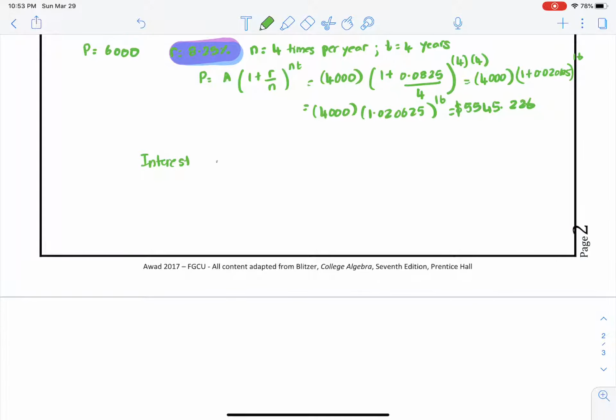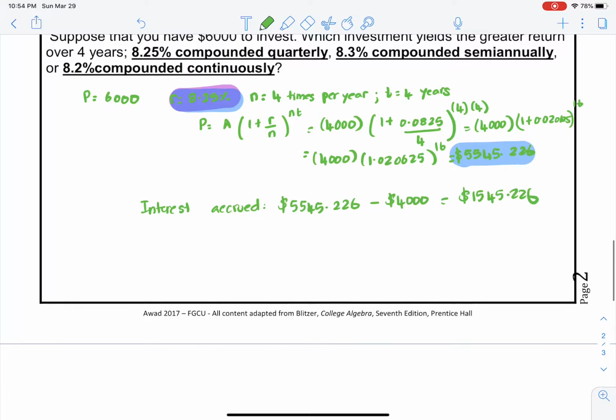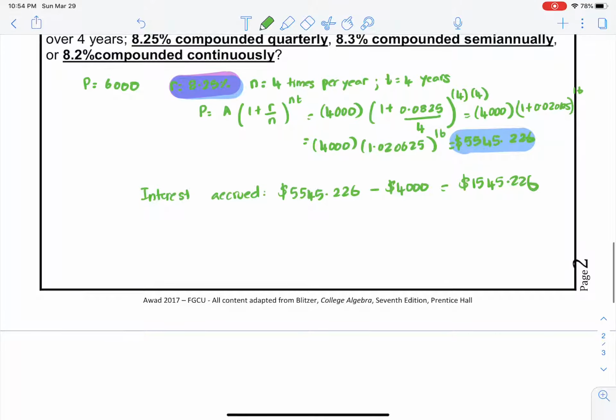So the first case, the interest accrued would be that amount minus the principal, so 5,545.226 minus 4,000, you end up getting 1,545.226. The second case, the rate is 8.3% compounded semi-annually, so the principal doesn't change, it's 4,000.